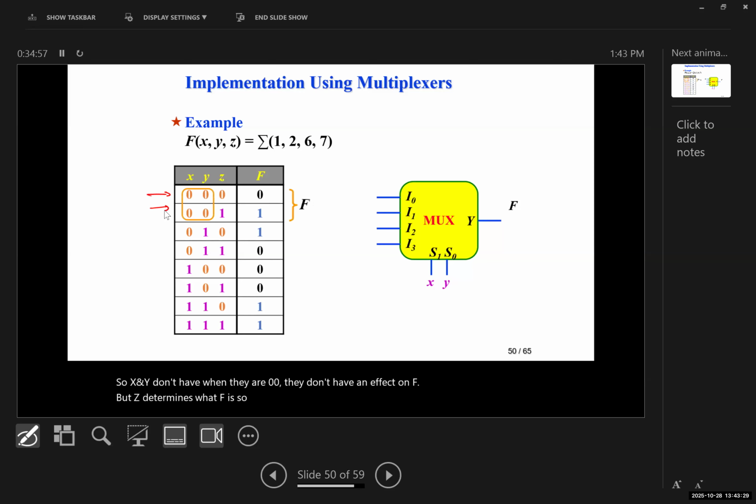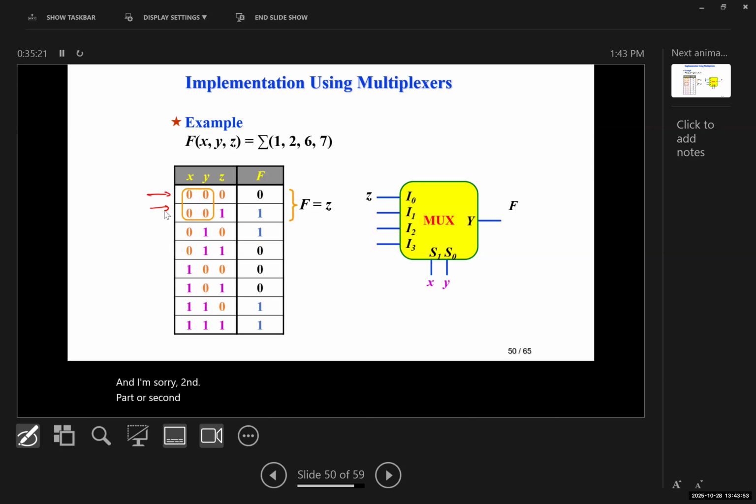So what I can do, I can combine x and y into one block, and I can say for the first 2 rows, f is equal to what? Z. Okay, so when x and y are 0, 0, f is equal to z. What about the second block?